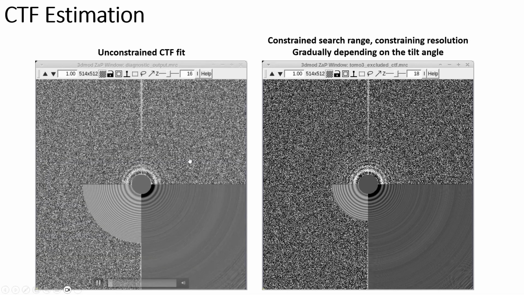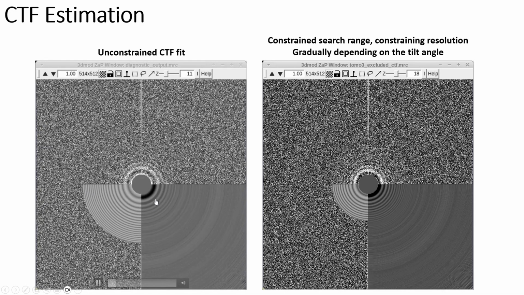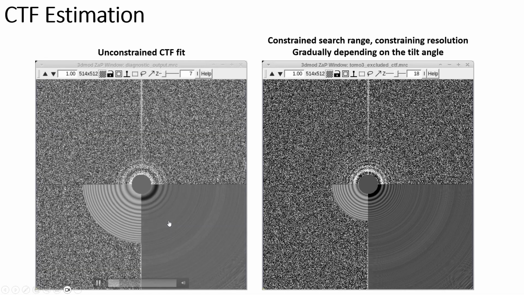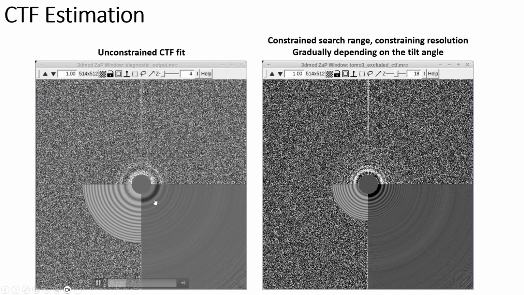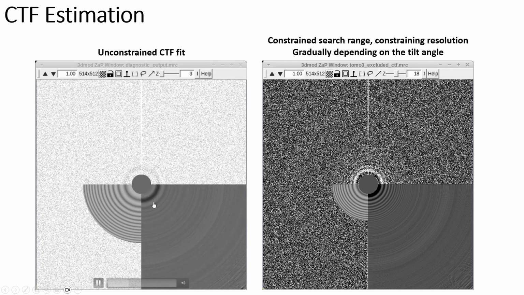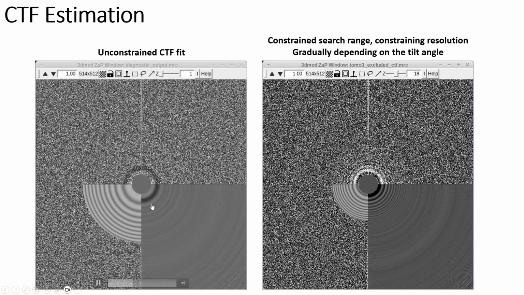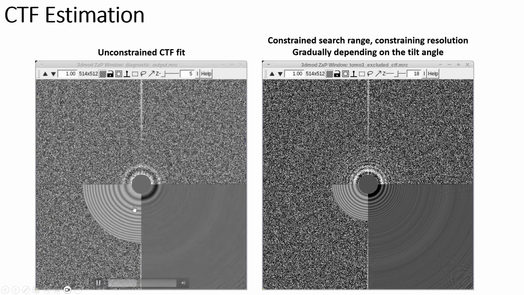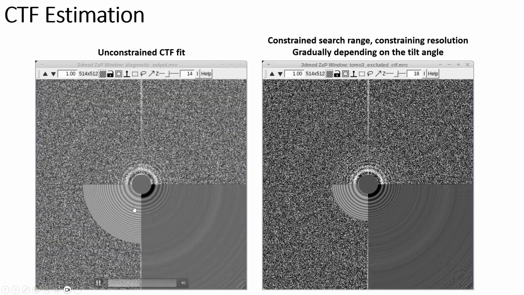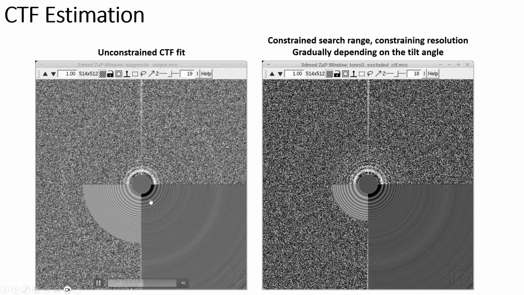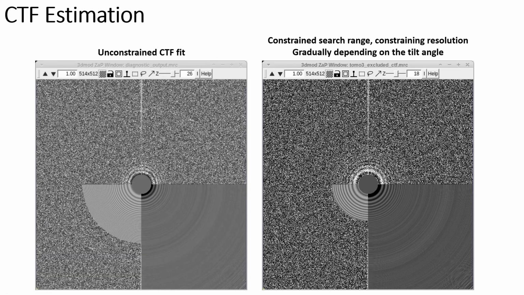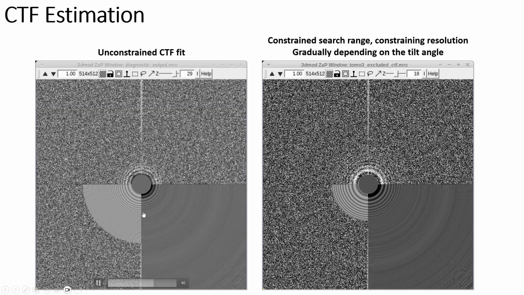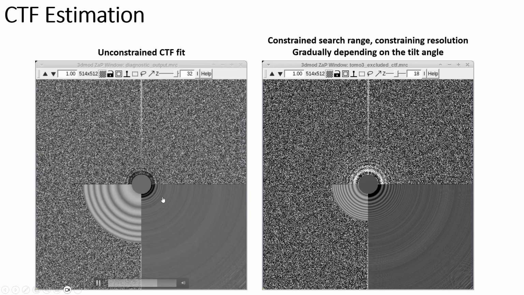However, the more we move to the sides, to higher and higher tilt angles, the less high resolution information we can recover from the CTF. At a certain point, the fit is not good anymore. The fit is very badly fitted because we are not seeing the Thon rings as we would from a single particle micrograph. This is true in both directions. So the higher we get, the worse the tilt will be.